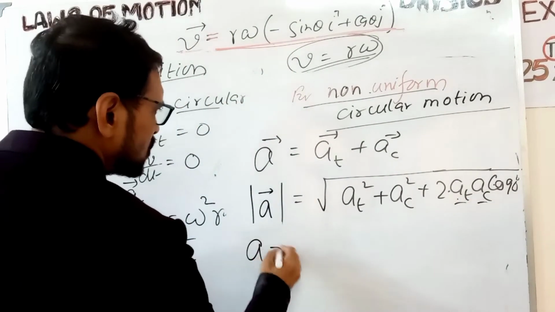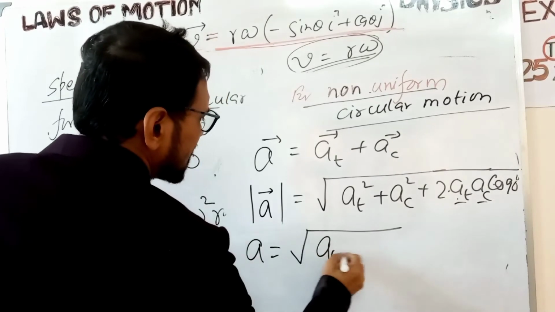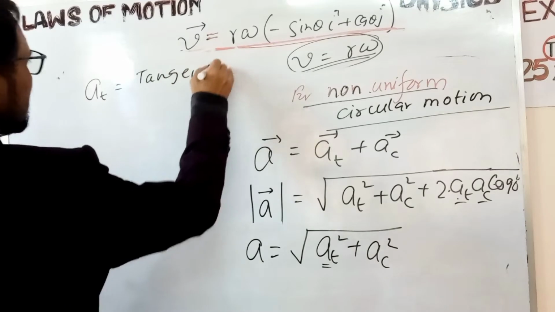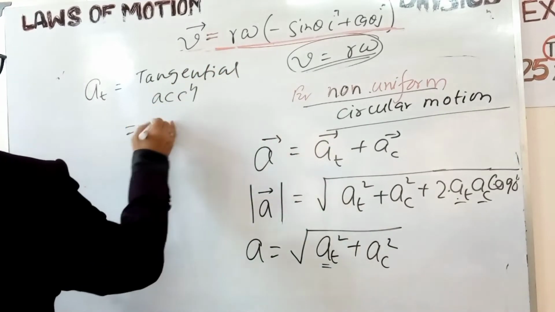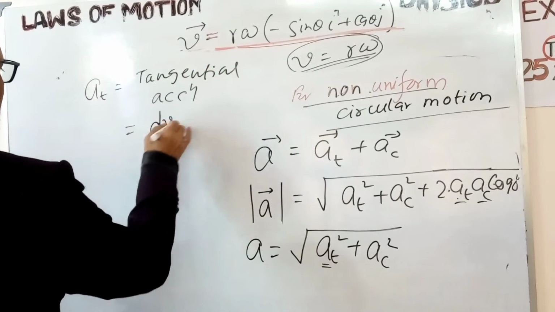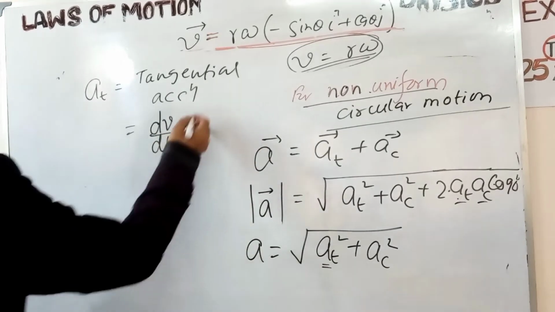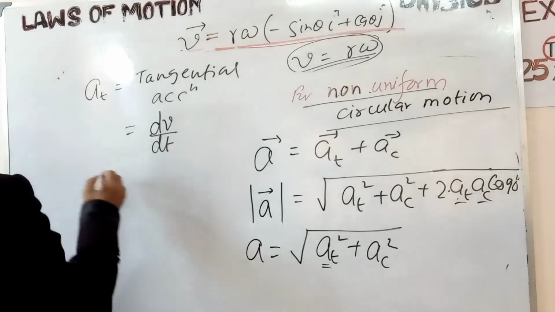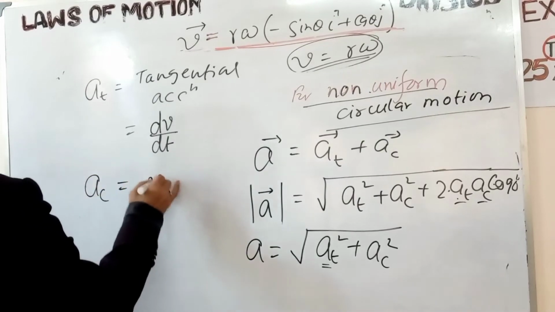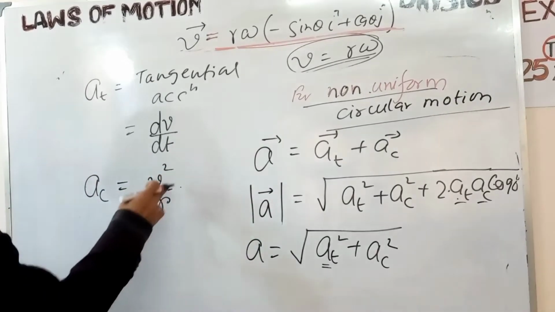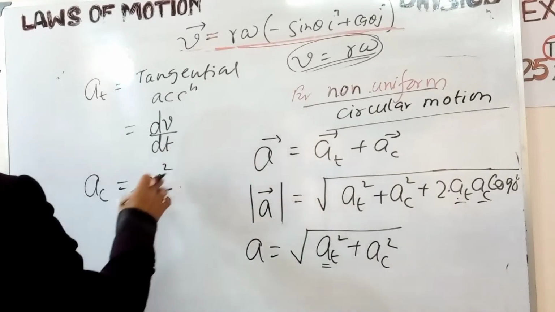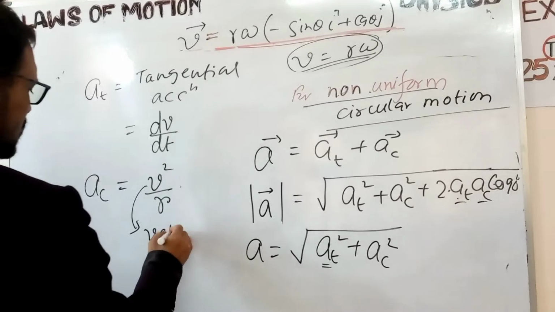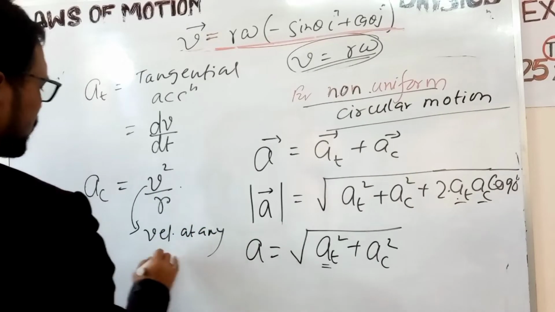So a equal to root over AT square plus AC square. The tangential acceleration AT is dv by dt, and AC, the centripetal acceleration, is v square by r. What is v? v is the velocity at any moment. Velocity is not constant, velocity is variable, so it is the velocity at any moment.